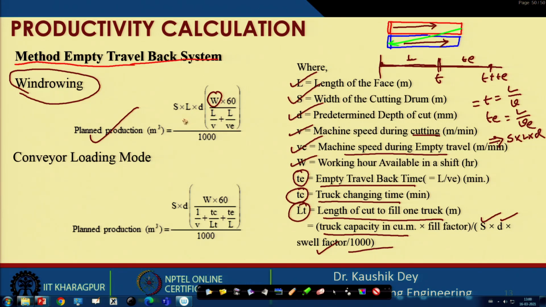So, this is the production per unit time, and the time available to us is W into 60, if we are considering production in W hours. If W is equal to 1, then it is the production in 1 hour. The 60 is used because we have considered all times in minutes. This 1000 is kept here because we have taken D in millimeter.